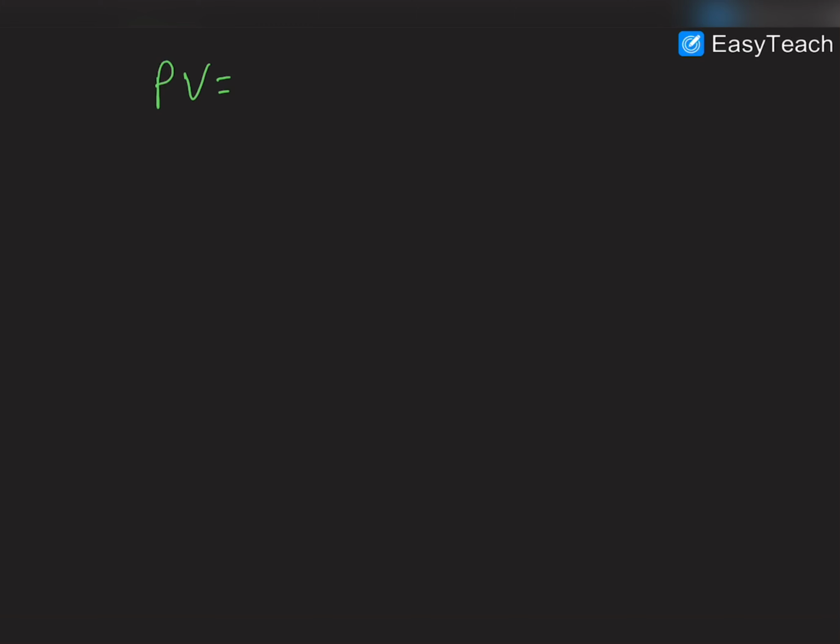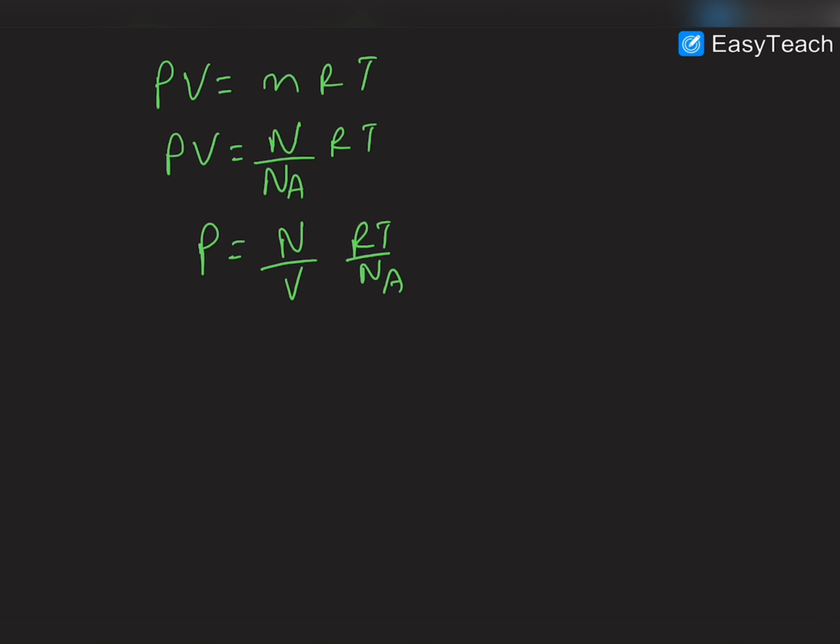Here n is the number of moles, and n is equal to N by Na, where Na is the Avogadro number and N is the total number of molecules. So P is equal to N by V into RT by Na, and this N by V is the number of molecules per unit volume.